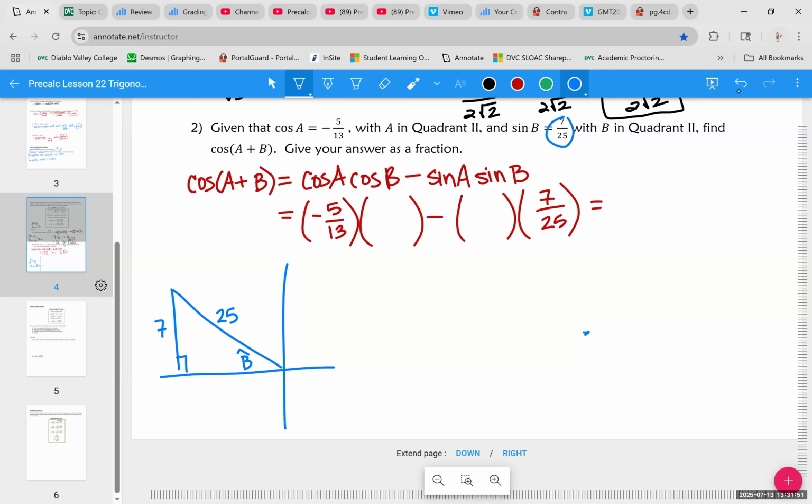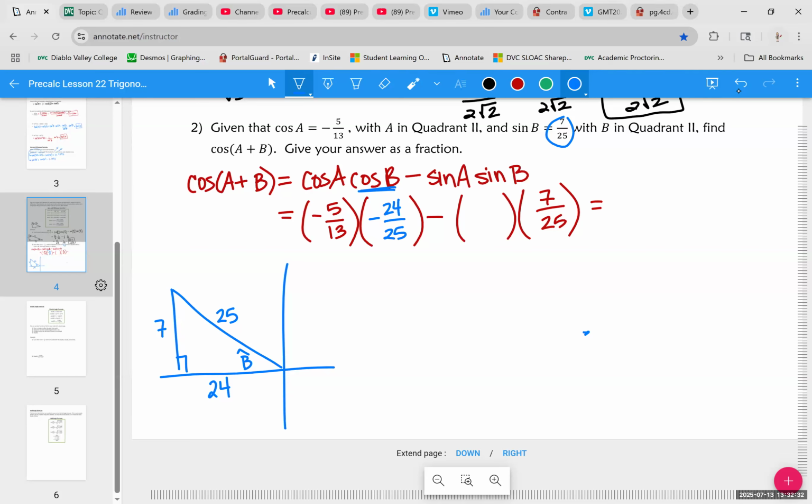So now we just need to find this missing side, and we can fill in its cosine. So use your Pythagorean theorem. 25 squared minus 7 squared, and square root that would be 24. So I filled in this side using my Pythagorean theorem, and I need the cosine of this angle, which would be negative, second quadrant, 24 over 25.